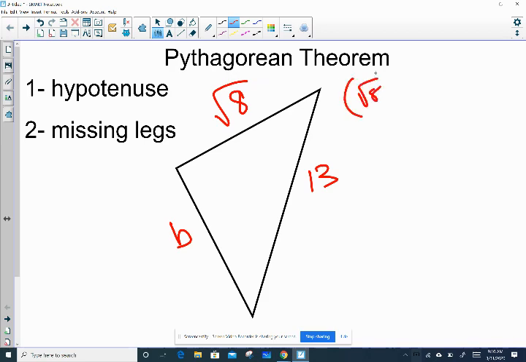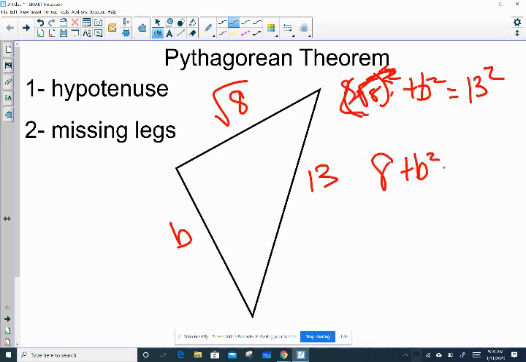Square root of 8 squared plus b squared equals 13 squared. So squaring a square root leaves just what's underneath. 8 plus b squared equals 13 times 13 is 169, minus 8, minus 8.